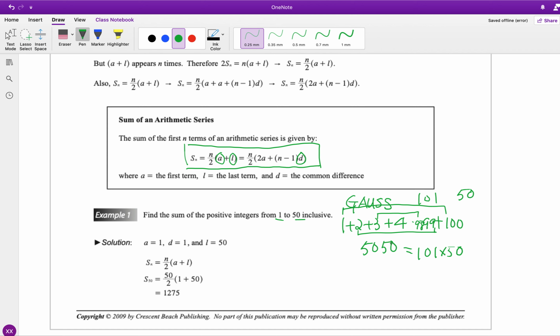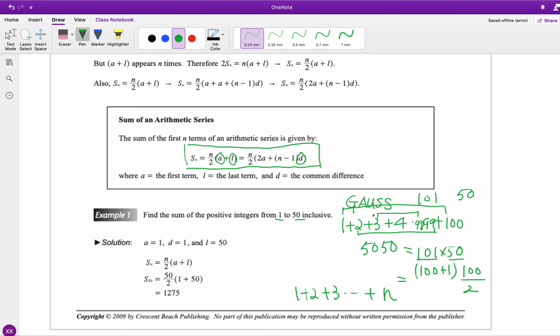Now take a look at what this 101 is, and what this 50 is. Because your sequence is from 1 to 100, the 101 is 100 plus 1, and the 50 is 100 divided by 2.